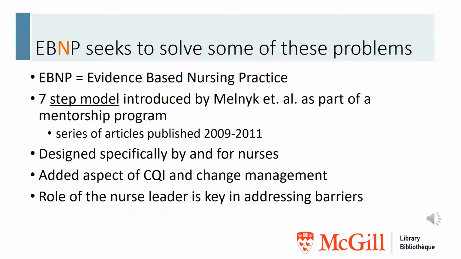This process was designed specifically by and for nurses, and it includes the aspects related to continuous quality improvement and change management that are so important to nursing. And it really recognizes the importance of the role of the nurse leader in addressing the barriers that we saw on the previous slide.